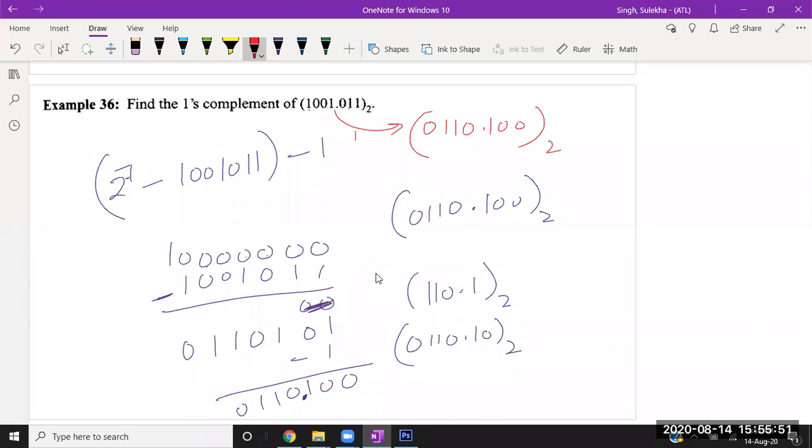In case 2, it's one's complement. You can match this and this answer, or this and this answers are the same. Okay, 100, 100, 011. Is that clear? If the method for calculating one's complement and two's complement is clear, write yes in the chat box.